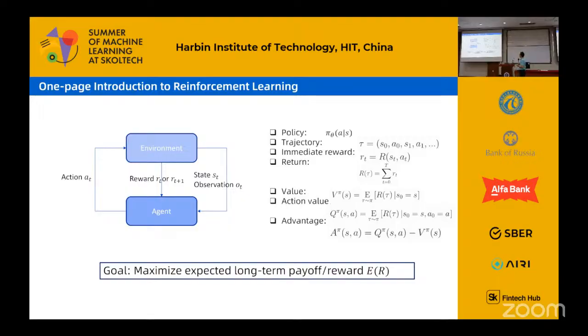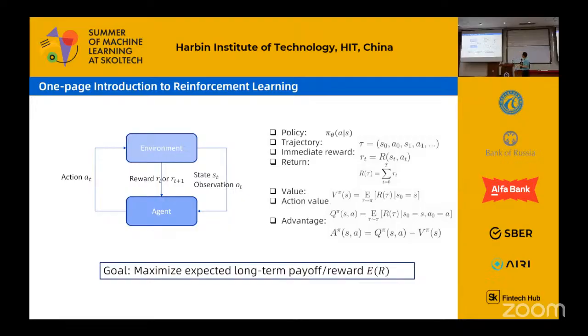Usually, given the current state S, you can have a set of different actions. So usually we define the advantage. That means what's the advantage of an action at this state? Because at this state, you may choose different actions, and different actions may lead to different long-term reward.